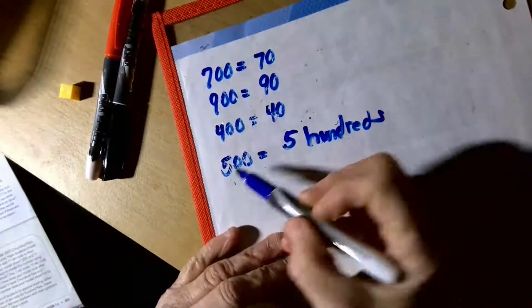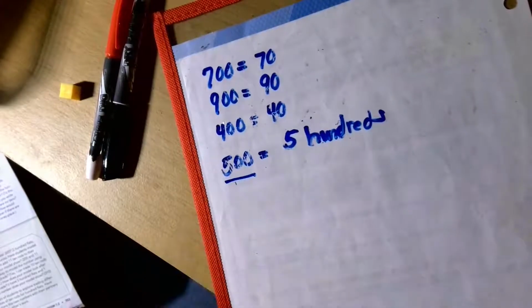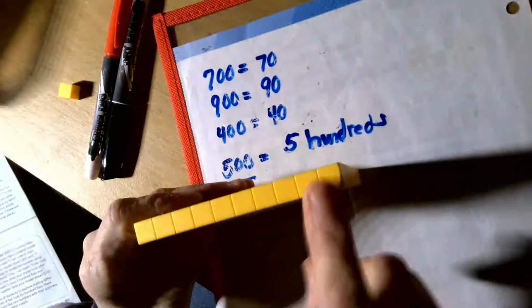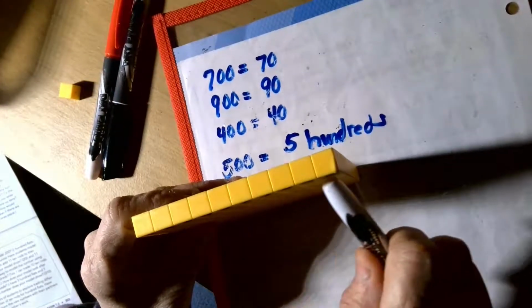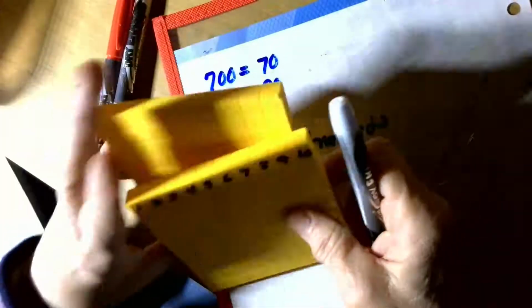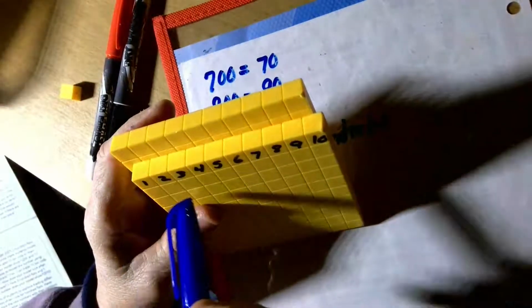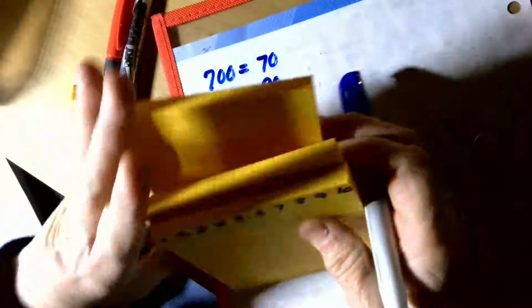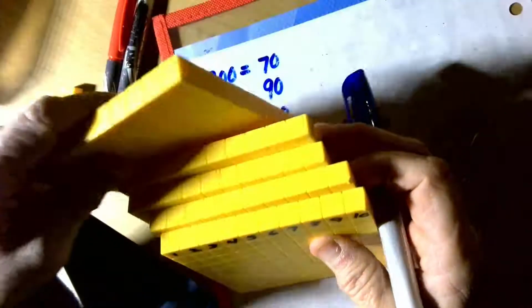Now, how many tens are in 500? Remember, each one of these is 10. So I have 10. 1, 2, 3, 4, 5, 6, 7, 8, 9, 10. See the 10? So that would be 10, 20, 30, 40, 50.